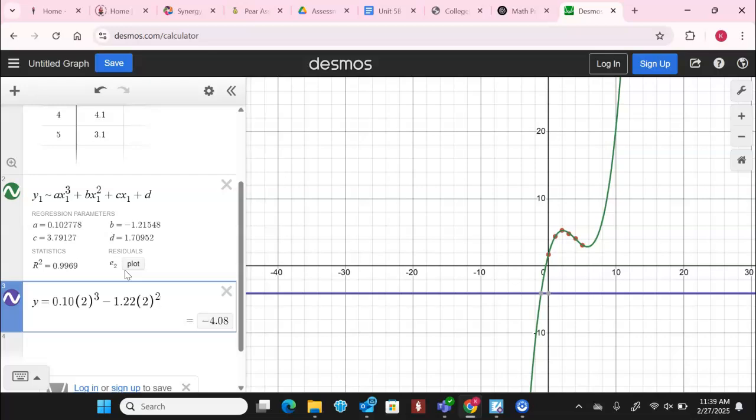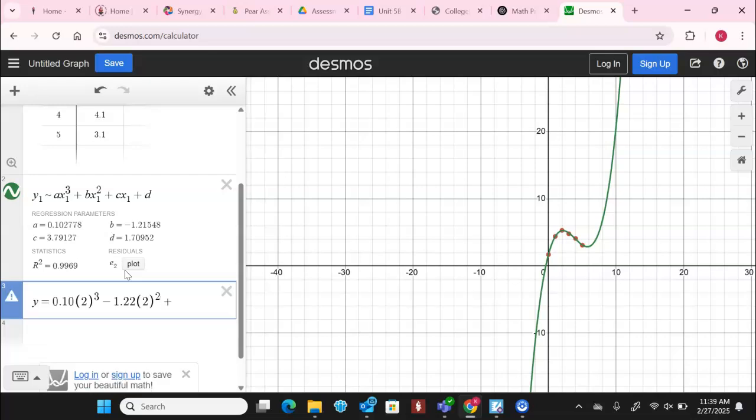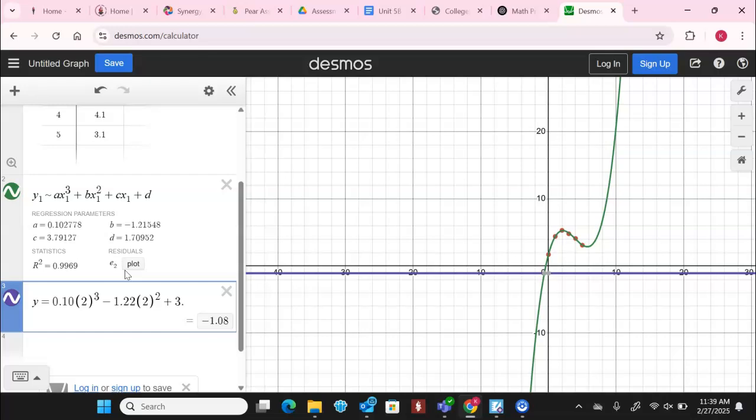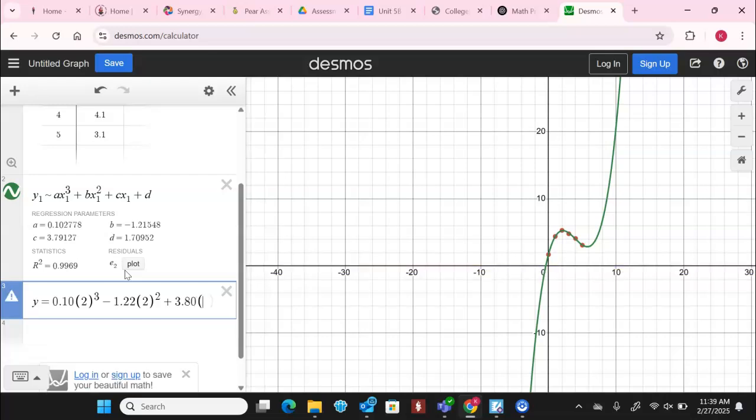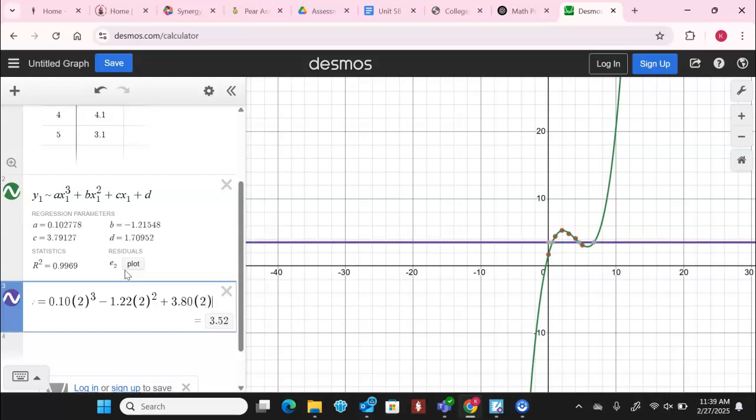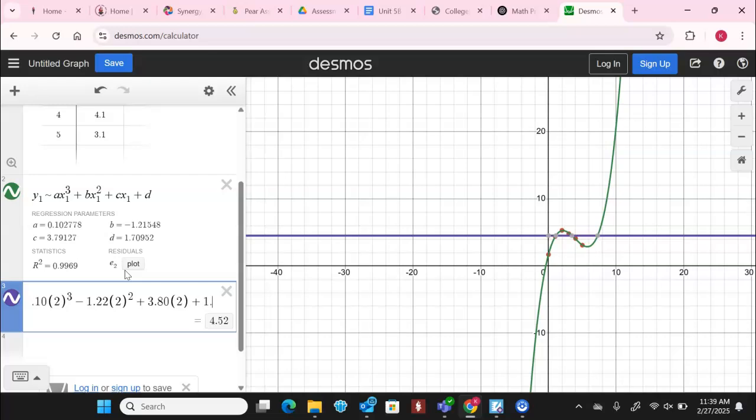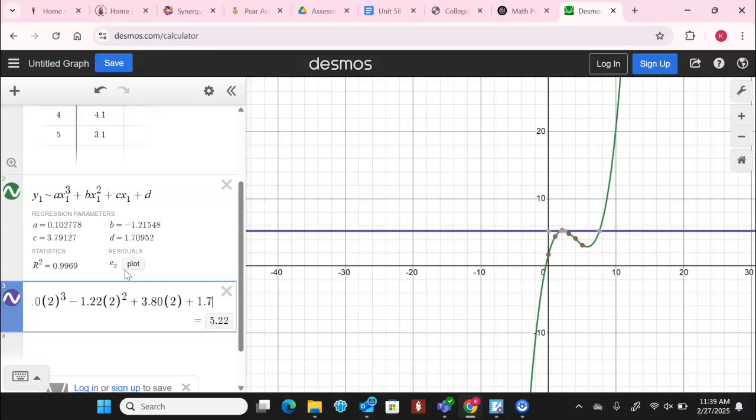Then you're going to do a positive value of c, which was 3.80, and then we have our 2 in there, and then lastly your d, which is 1.71, and you get 5.23.